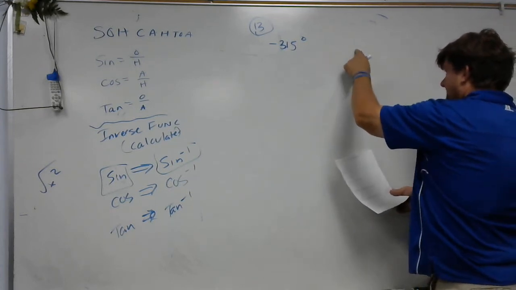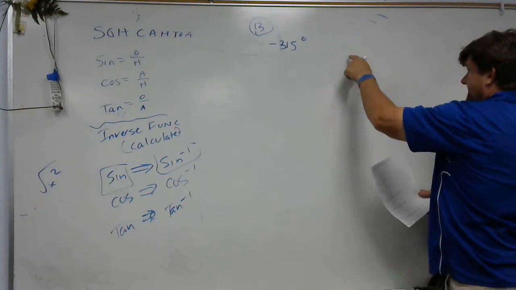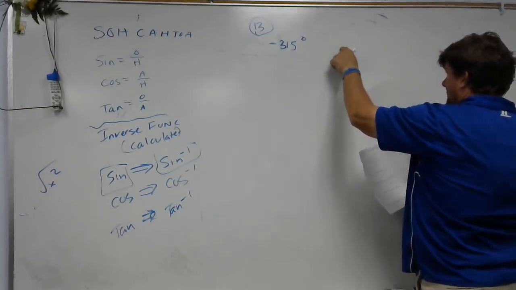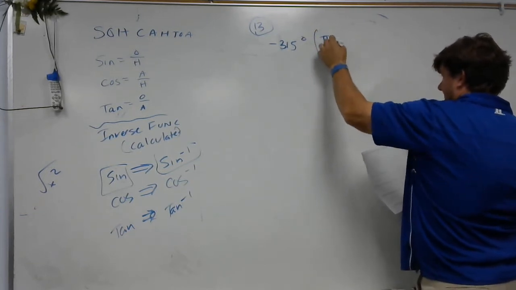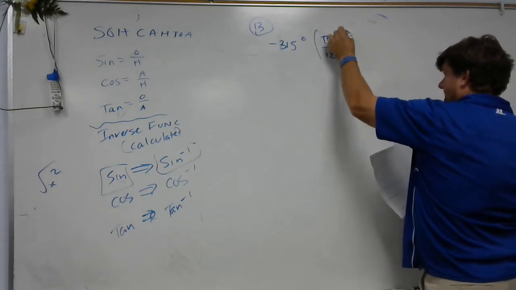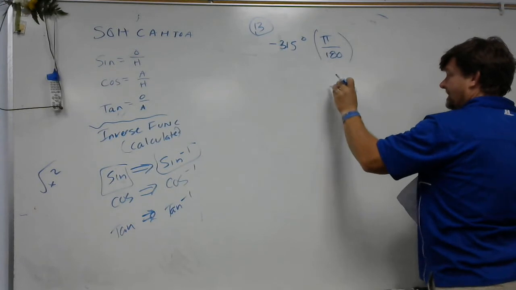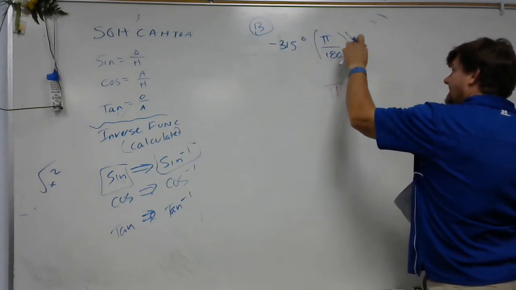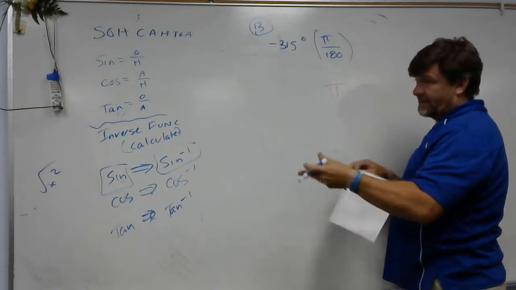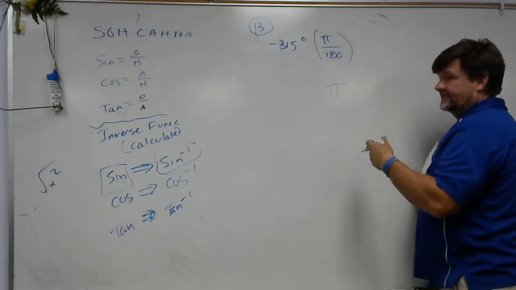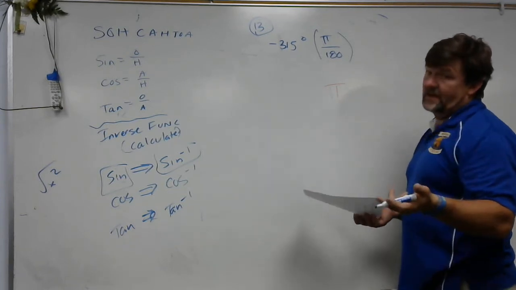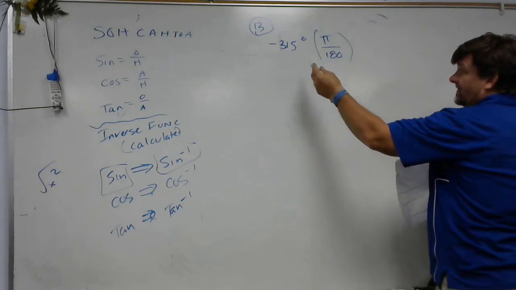I want radians on top, which means I'm multiplying it by pi over 180. So my answer has to have pi in it. If I have pi in it, I get rid of degrees, which everybody likes. I mean, if you don't like pi, we'll have to talk later. It could affect your grade.